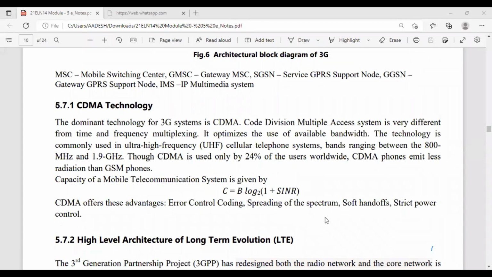Spreading of spectrum means the 3G network uses a large bandwidth, so we can accommodate more users. Error control coding means coding techniques are used by this technology so that errors are reduced.